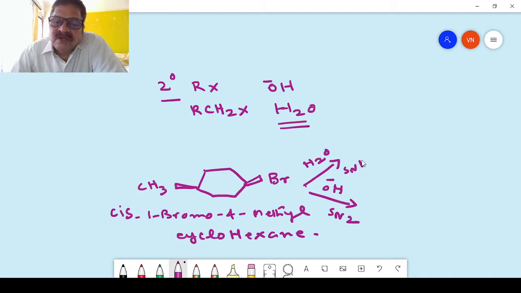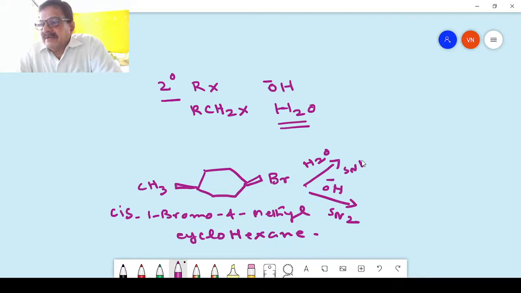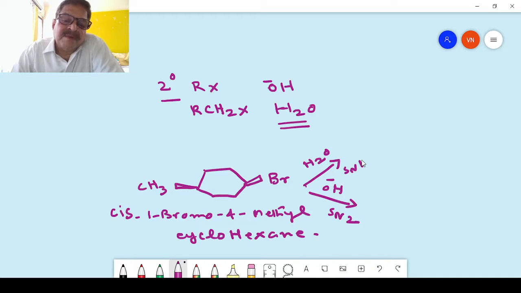So the strong nucleophile, which favors an Sn2 mechanism, attacks from behind, the backside attack. We have seen the backside attack of the nucleophile in the case of the Sn2 mechanism. Therefore, there will be inversion of configuration, the Walden inversion we have seen in the Sn2 mechanism.